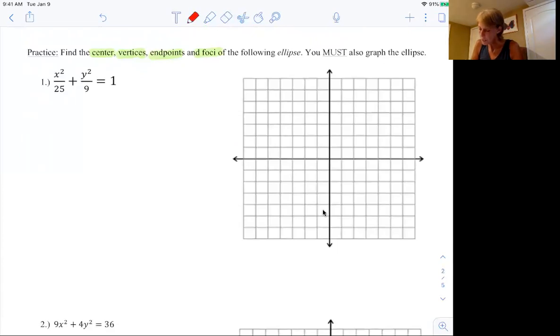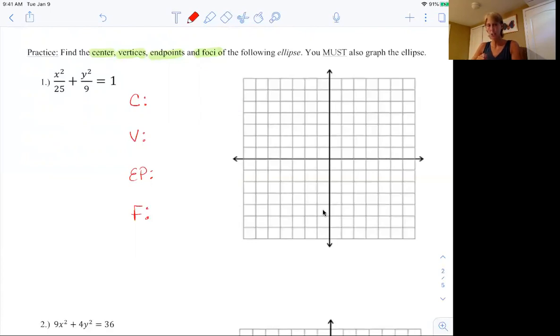If it was a testing situation, I'd probably give you lines for each of these. I usually just write them on the side of the page as ordered pairs, and then we have the information on our picture. I'm not going to label every ordered pair, just list it on the side.